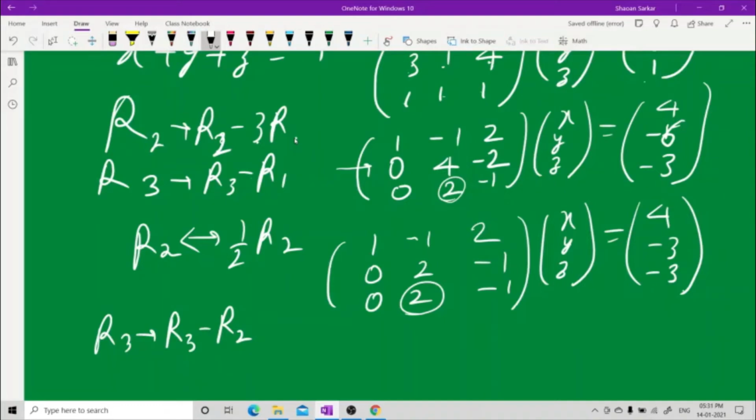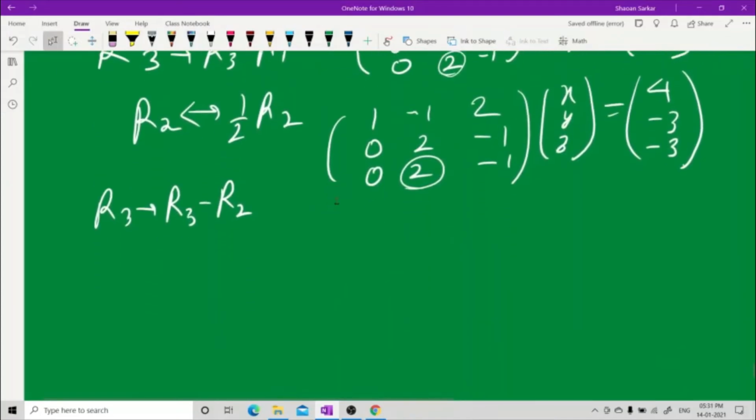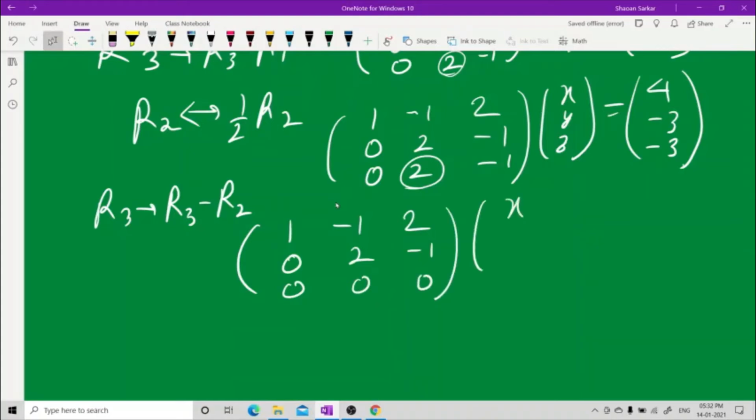So now we will have 1 minus 1, 2, 0, 2 minus 1, 0, 0, 0. And I have your x, y, z. And this is your 4 minus 3. Minus 3 plus 3 will be 0 because of this operation.